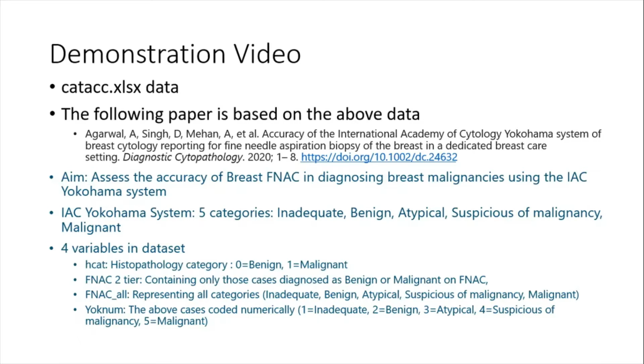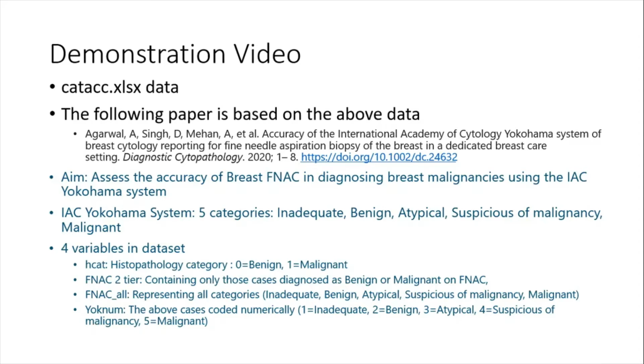The aim of this analysis, and of this paper, was to assess the accuracy of breast FNAC in diagnosing breast malignancies using the International Academy of Cytology Yokohama system. Now, for the IAC Yokohama system, we have to know that there are 5 categories: inadequate, benign, atypical, suspicious of malignancy, and malignant. From benign to atypical to suspicious to malignant implies an increasing risk of malignancy.